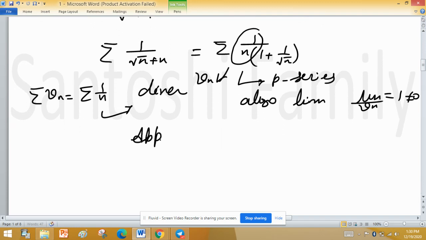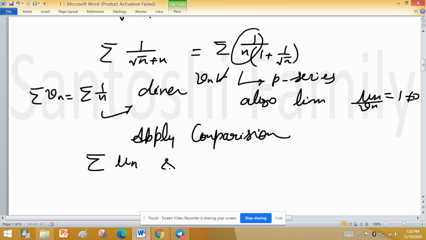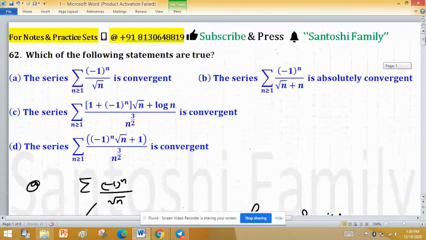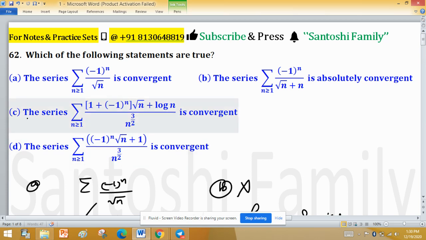By the comparison test, the series un and Vn either converge or diverge together. Now Vn is divergent, so un is divergent, and so it is not absolutely convergent. Option B is false here.